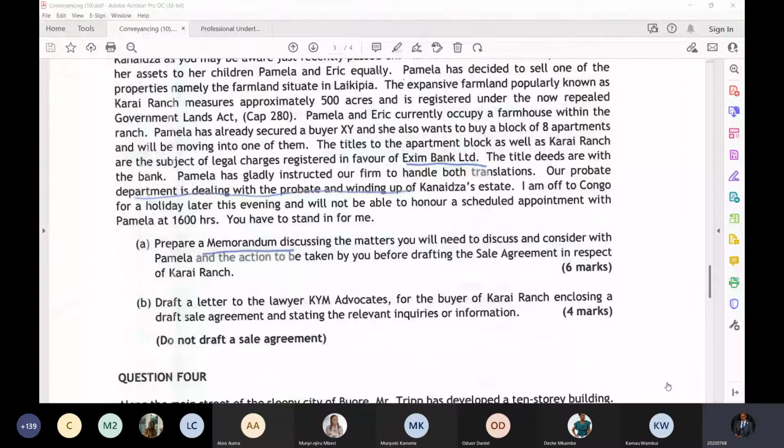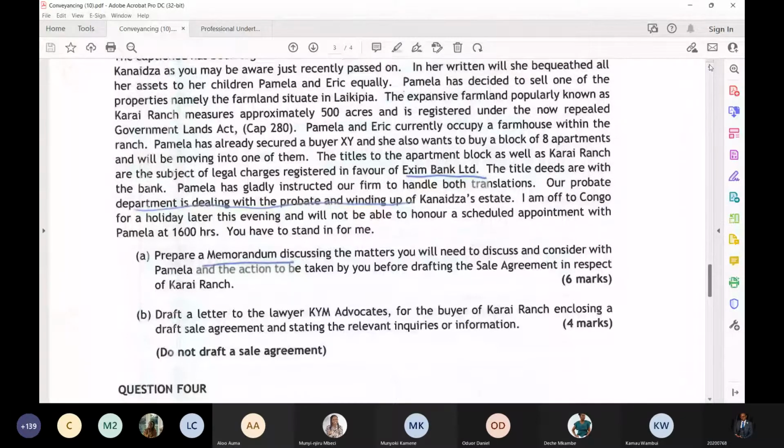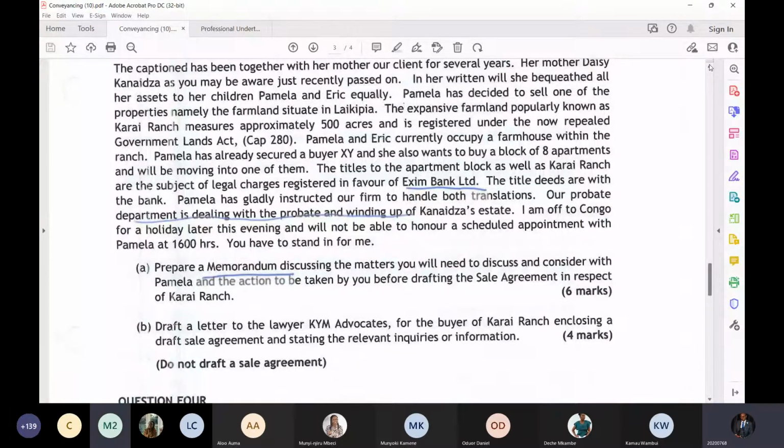Okay, now let's answer this one quickly. What do you guys think? What are some of the issues arising here? Transfer of charges. Transmission. And subcharge.